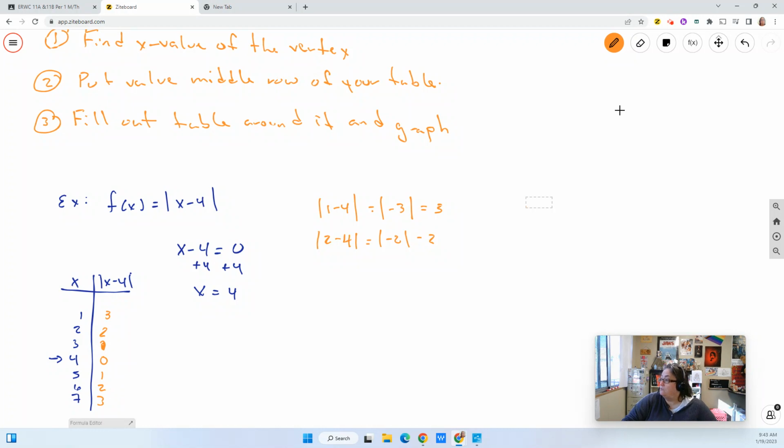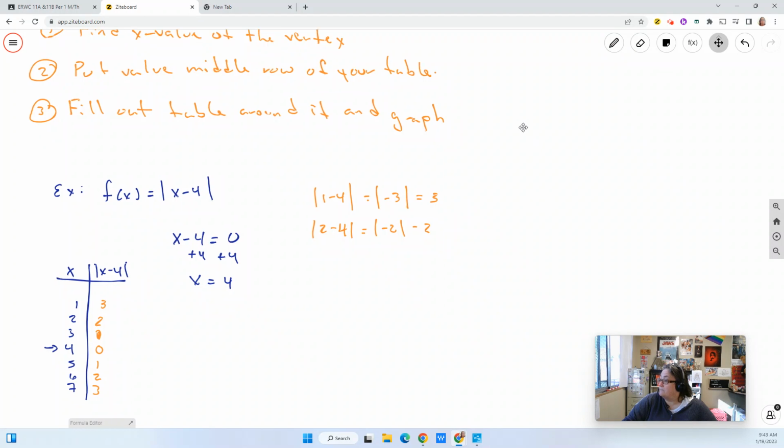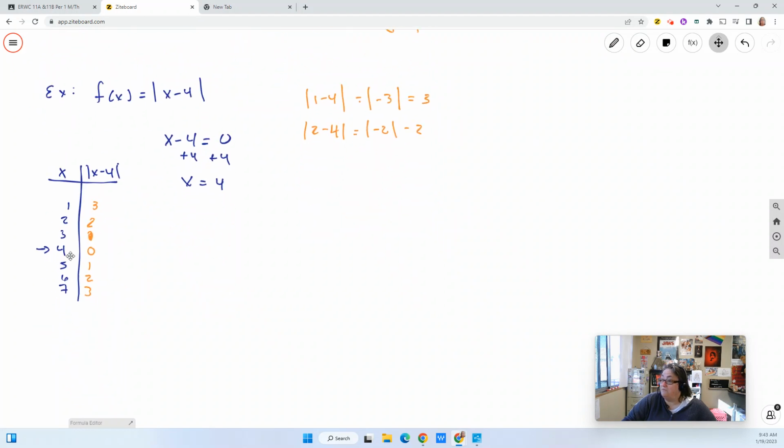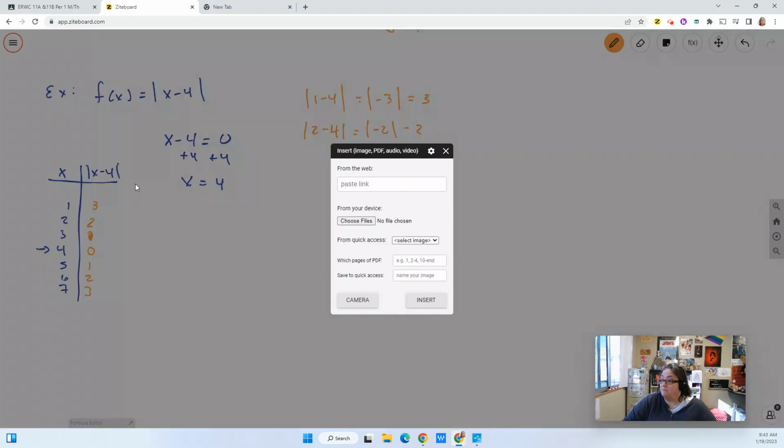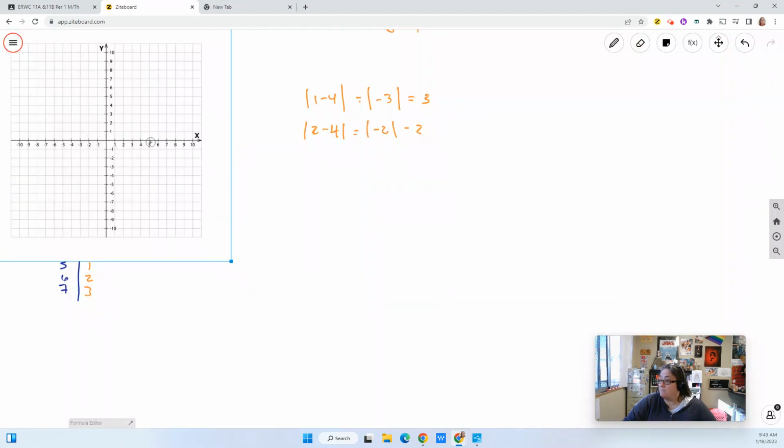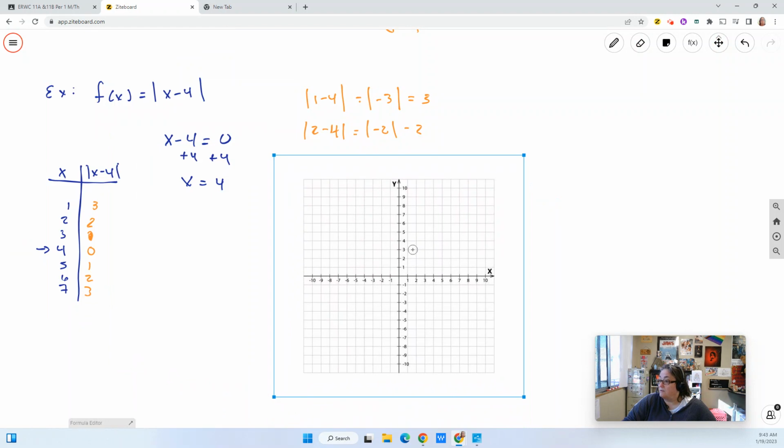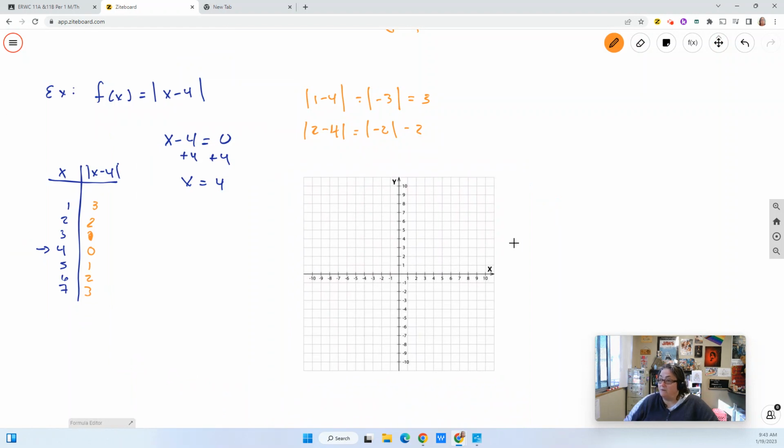And so when we go to graph this, we filled out the table and now it just says we got to graph it, and we can do that. So here, when I go to do my graph, I've got a point at 1, 3. I have a point at 2, 2.